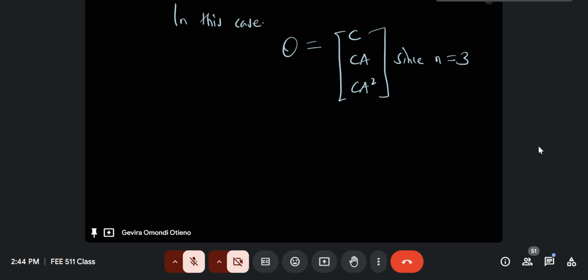And then we have to get the determinant of that matrix and make sure that it is not 0. If the determinant is not 0 and the observability matrix is of full rank, then we conclude that our system is observable. Okay? So in the few minutes remaining, let's see if we can do that. Again, please check me if I'm making any mistakes. Just let me know, because these matrix manipulations can be a little tedious.